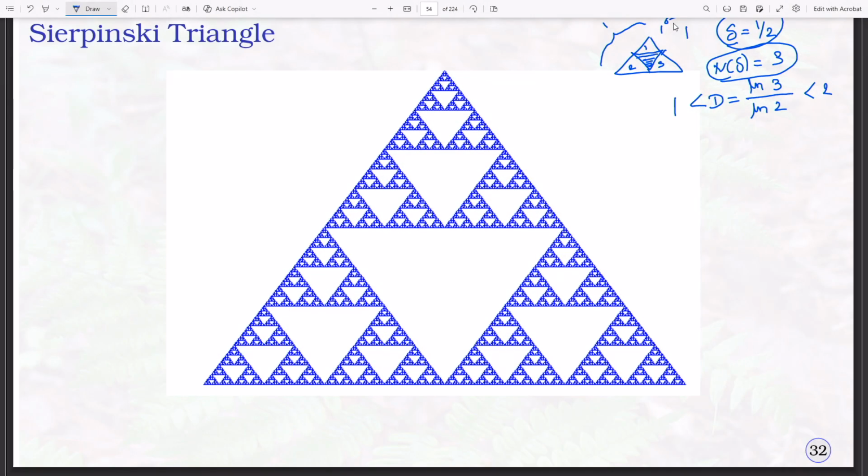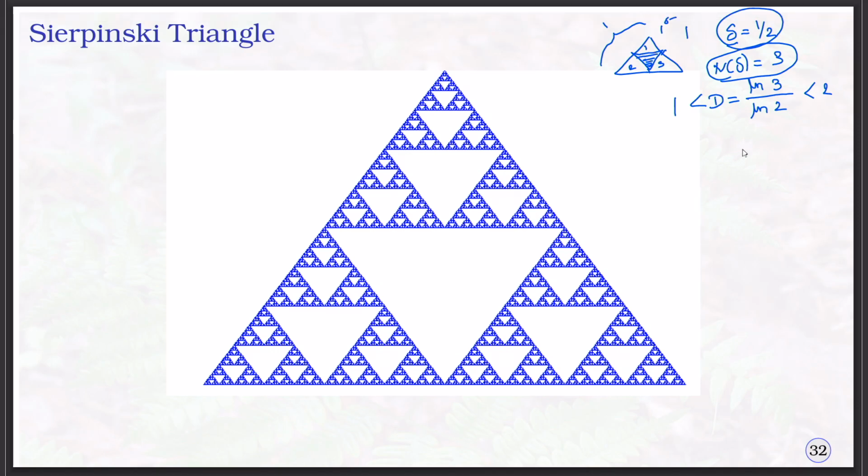After the second iteration, if you are choosing delta as 1 by 2 power 2, then consider the number of boxes required to cover the Sierpinski triangle. This will produce 3 subtriangles, this will produce 3 subtriangles, this will produce 3 subtriangles, then the number N of delta one can get is 3 power 2.